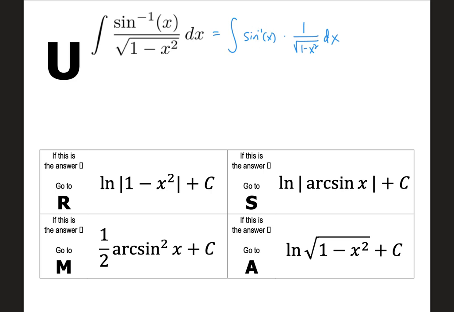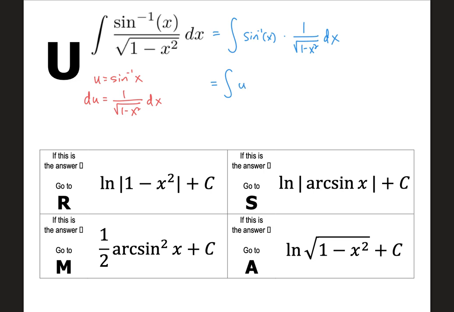Everything else besides this is exactly du. So now we can just substitute exactly. We don't have to worry about limits. This is just finding antiderivatives. Okay, so this will be the integral of u.